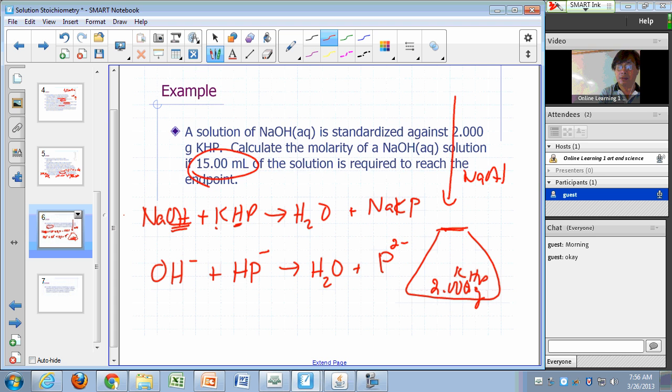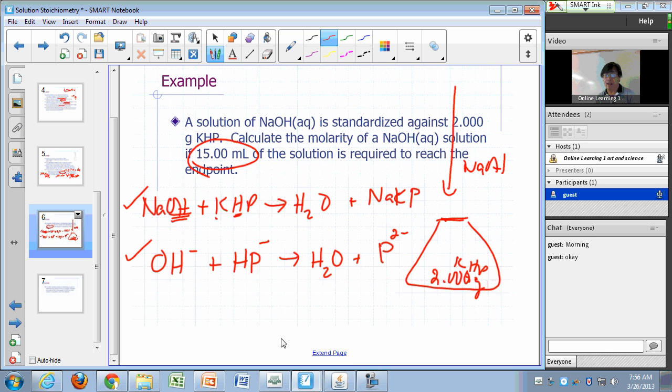Okay, so you can use either the full molecular equation or the net ionic equation. But the idea here in this particular reaction is that the mole-to-mole ratio is 1:1. Okay, 1 mole of sodium hydroxide will be needed to neutralize 1 mole of KHP.